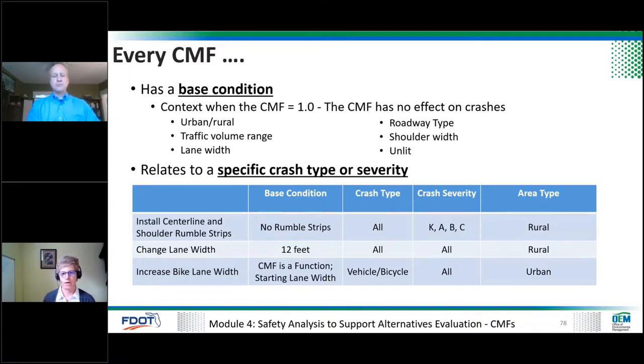When you're selecting countermeasures, you want to match that base condition to what your conditions are in order to select the right countermeasure. And you want to select the treatment that might be influencing the crash type or the crash severity that you're considering. So you have to look at all these different factors to help you select the CMF.